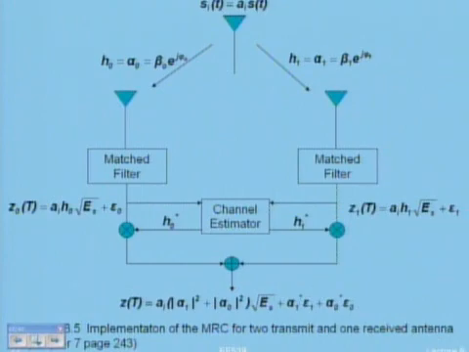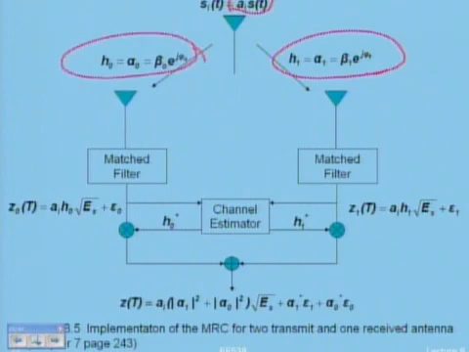So I have a symbol A times s(t) that I'm transmitting. The channel is only one path, or is narrowband, so it gets multiplied by an amplitude like α0 or α1, which is actually a complex number.